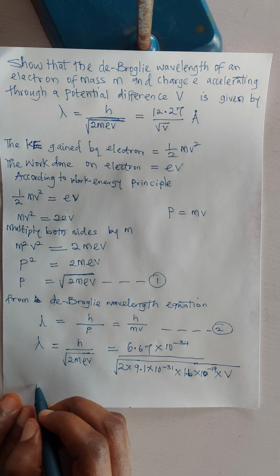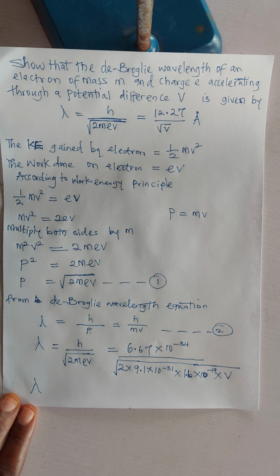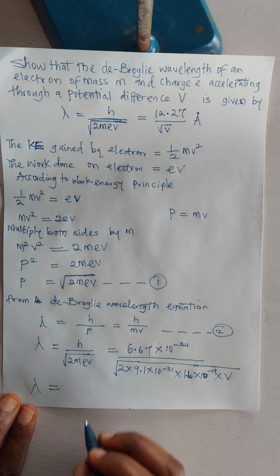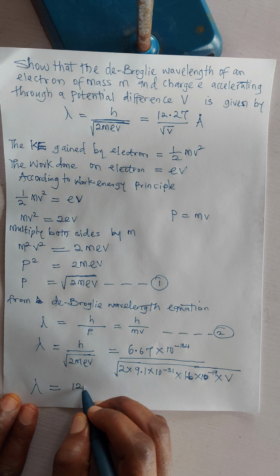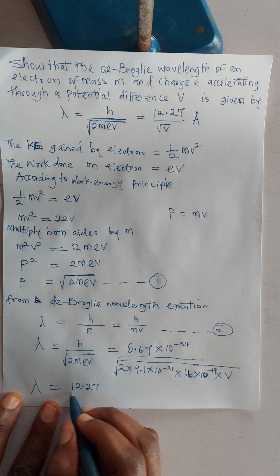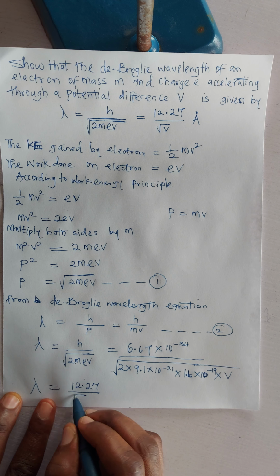Then if you evaluate what you have here, you are going to have 12.27, okay, all over square root of V.